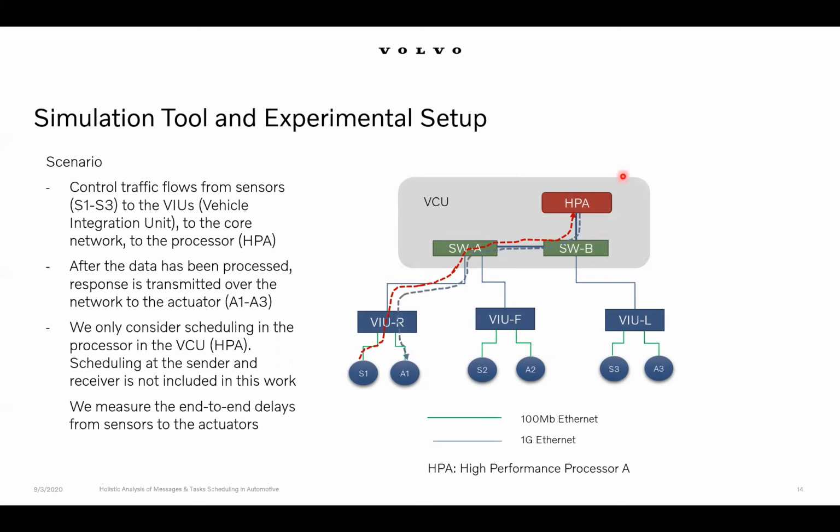Then we do the scheduling. The scheduler runs the task, as I explained before, and sends out the data. We measure the time from when the message arrived, through running the task and sending out, until it arrives at the actuators. By this way, we can measure the end-to-end response time.